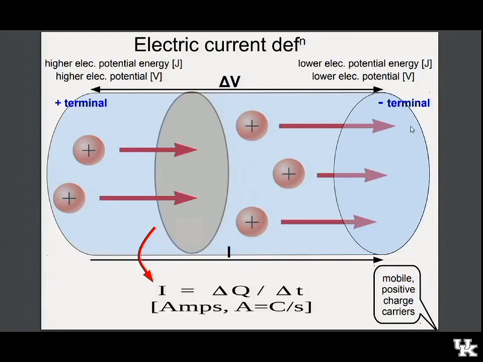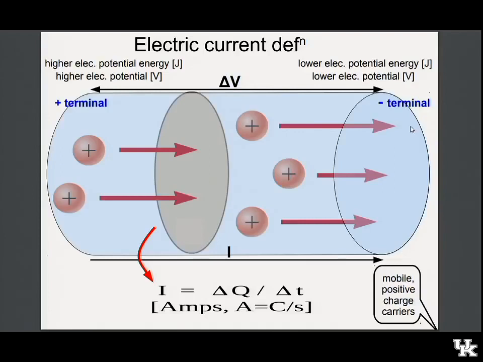So we're seeing a handful of these positive charges. They're at higher electrical potential energy at this left-hand end of the wire. They would be at lower electrical potential energy at the right-hand end of the wire. And so they're just rolling down the potential energy hill like the water rolled down the gravitational potential energy hill on the waterfall. So this is just an analogy of the waterfall, but not for gravity and mass. It's for electricity and charge.